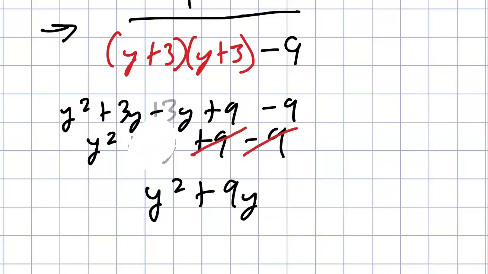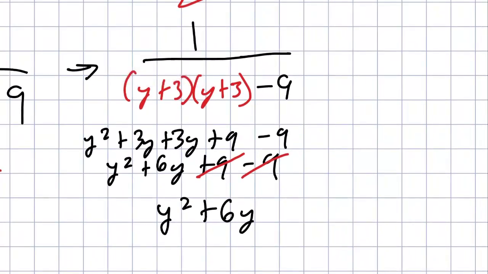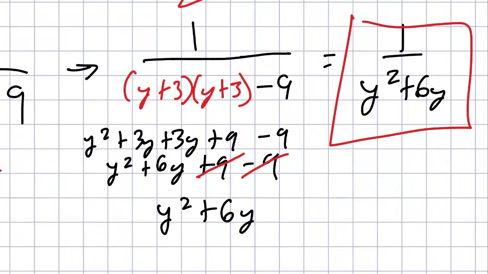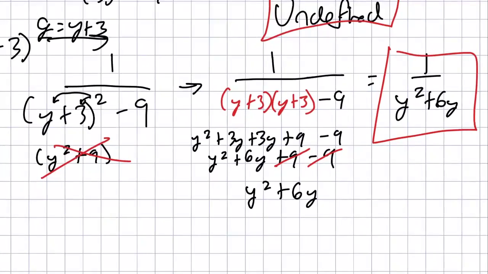And I made a mistake. This should not be 9y, it should be 6y. I multiplied instead of adding. 3y plus 3y is 6y. So when you simplify it, you should have 1 over y squared plus 6y as the solution to the problem.